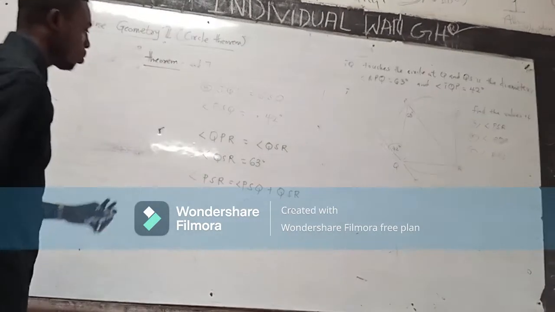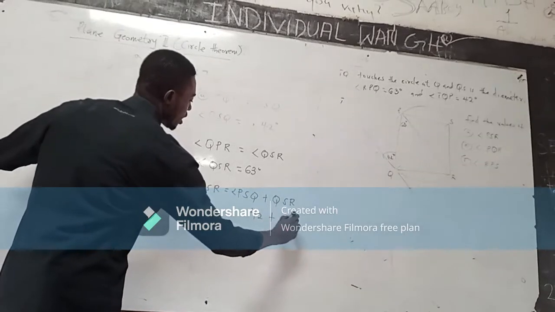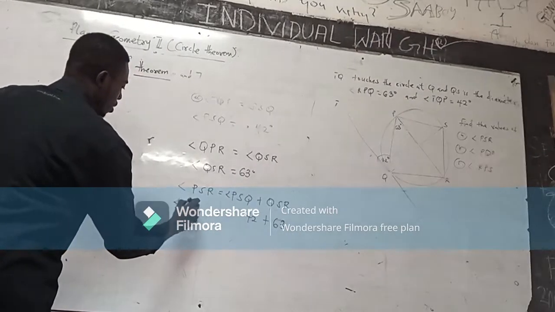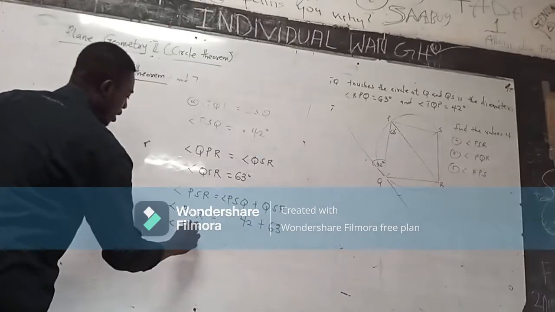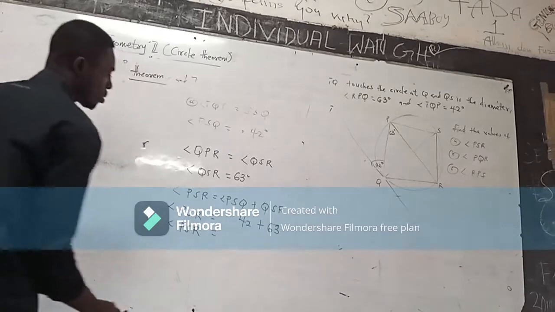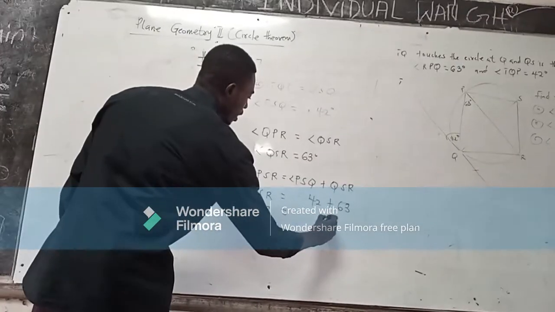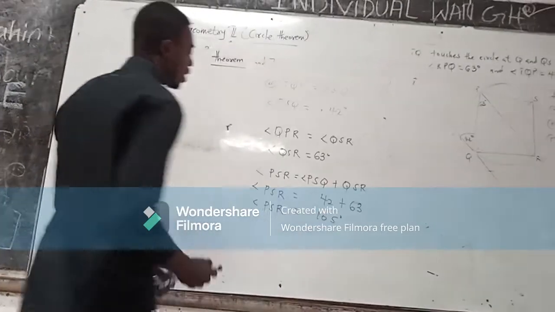So if you have 42 plus the 63, when you add the two, you have to get this. So finally, PSR is equal to 105. Okay, 105.